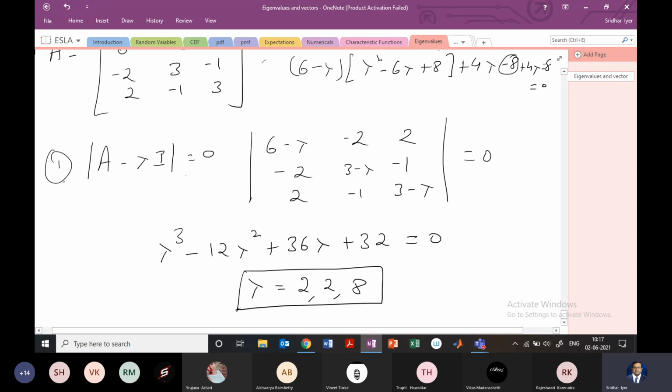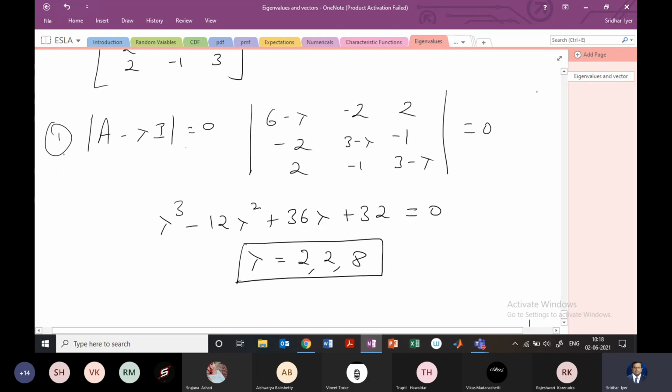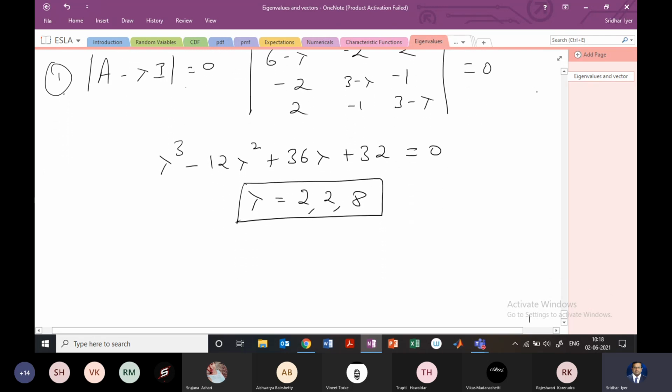So you have minus 8 here and minus 8 here, and you'll get 48 here. So it has to be plus 32. I solved this and verified it with the computer. Let me recheck again; you can also recheck. Okay, let's go with this value here, because what is important is diagonalization. We will come back and check this.